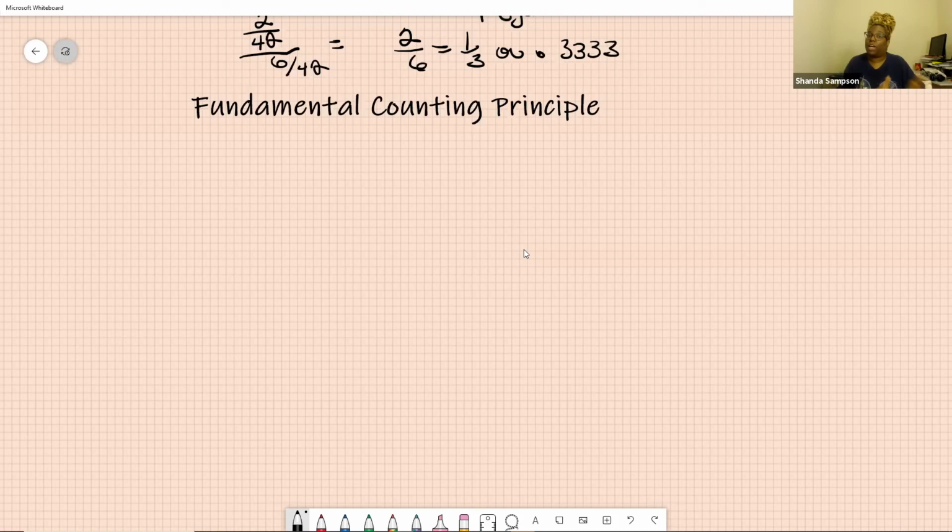So we have the fundamental counting principle. The fundamental counting principle is for a multi-stage experiment with so many outcomes in the first stage, so many outcomes in the second stage, and we get all the totals together. So it's just going to be the number of your first outcomes times the number of your second set of outcomes. An example is better than trying to explain the principle to you with all these words.